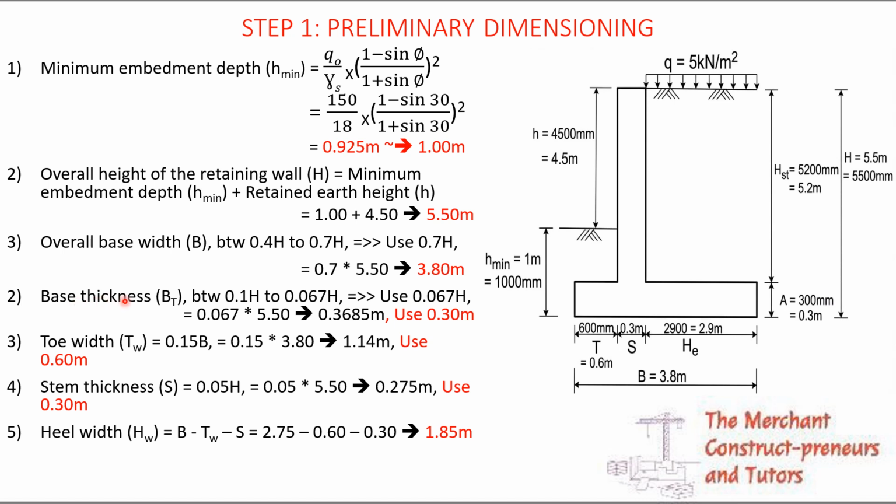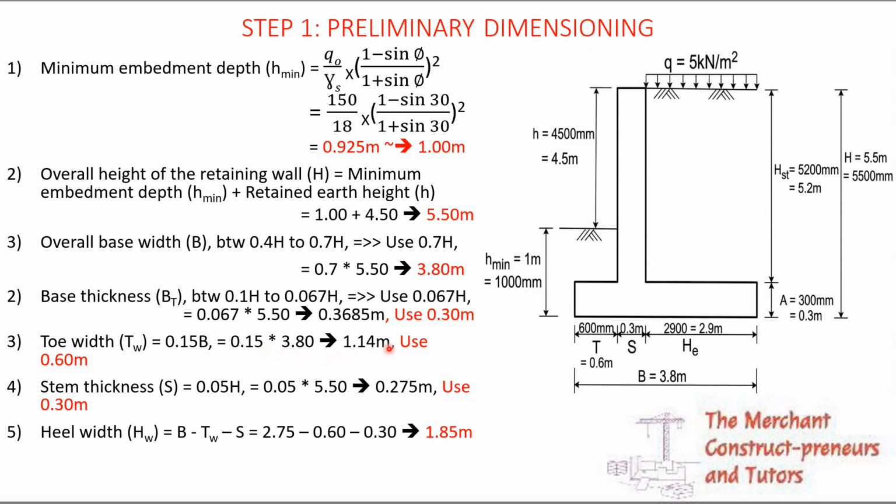So the base thickness is still between 0.1 h to 0.067 h. So when we use 0.067 h, we have this value, so we are using 0.3. Same thing here, 0.15 multiplied by 3.8.